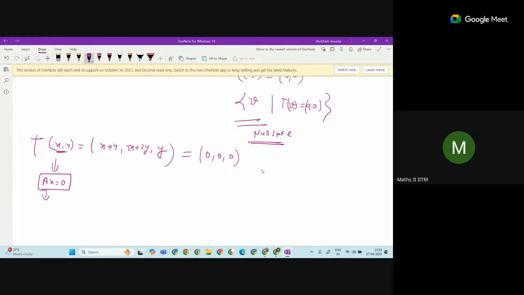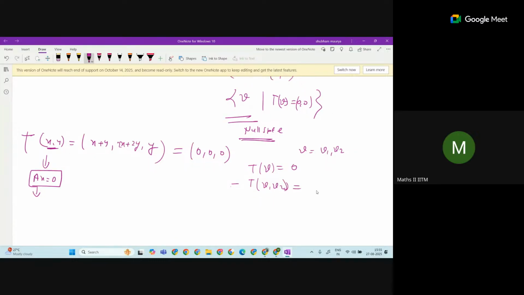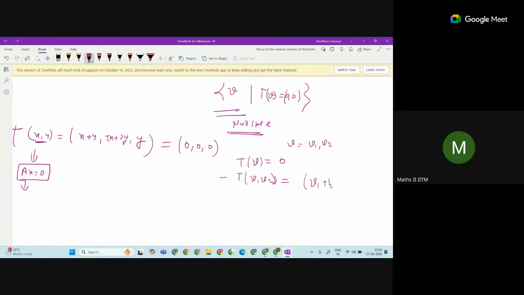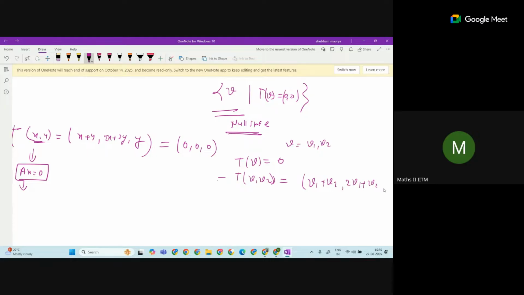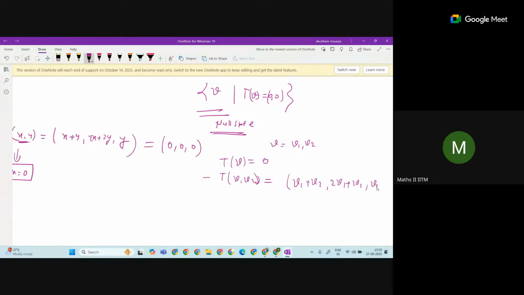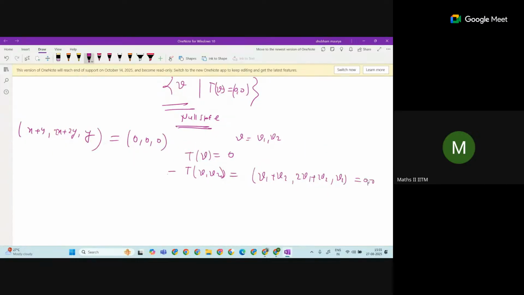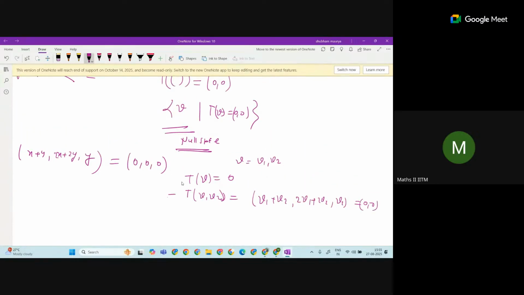You can write T of v equal to 0, meaning T(v1, v2) equals (v1 plus v2, 2v1 plus 2v2, v2) equal to 0, because it says to collect those vectors which have image 0.